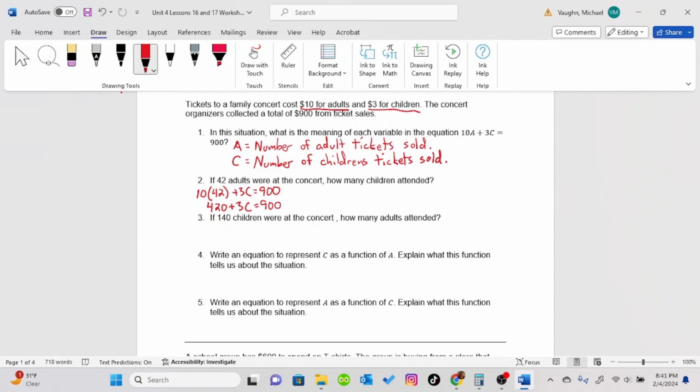Next, we subtract 420 from each side and we get 3c equals 480.